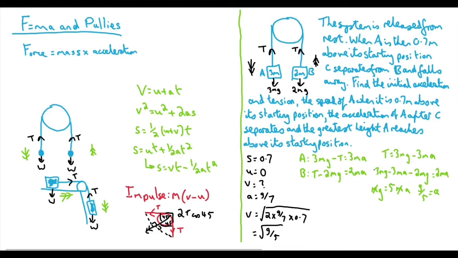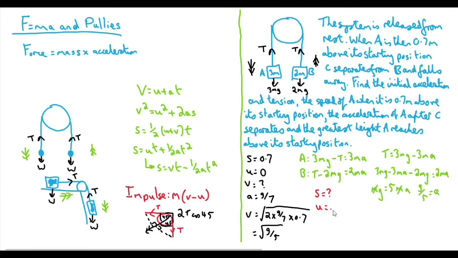Now that we have the new acceleration, we can start making our suvats once more. We're after the greatest height, so we're looking for how much it's going to go up. So you're after your s. The u that A is going to have is the v from the first stage, because the speed it has before the situation changes has to be the same speed as when the new situation starts, because you can't just suddenly change speed in no time.